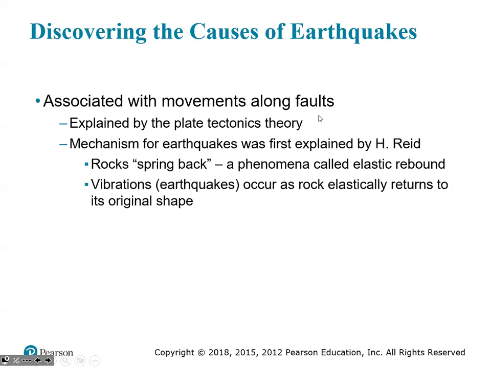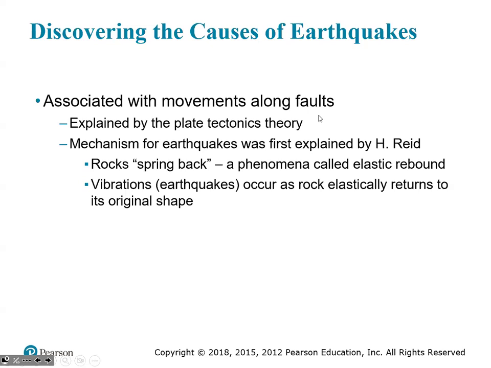Basically, two sides of the fault are moving relative to each other, but there's friction between them. They're pushing together, so they stick. And when they eventually release, they vibrate and spring back due to a process called elastic rebound.